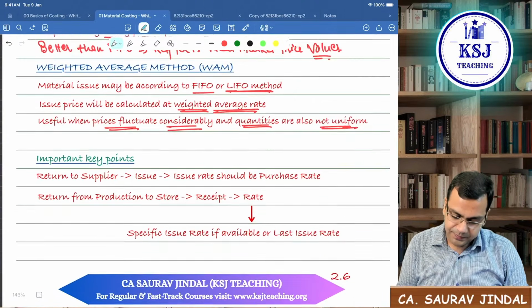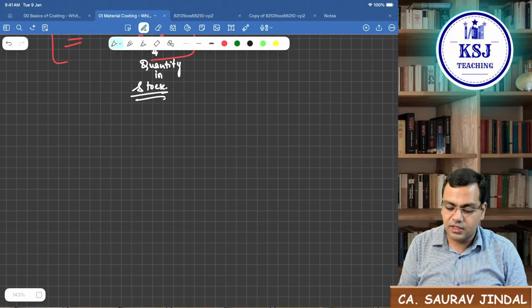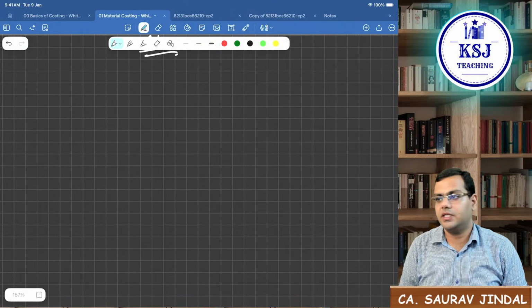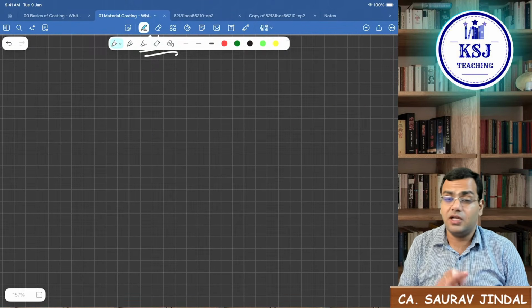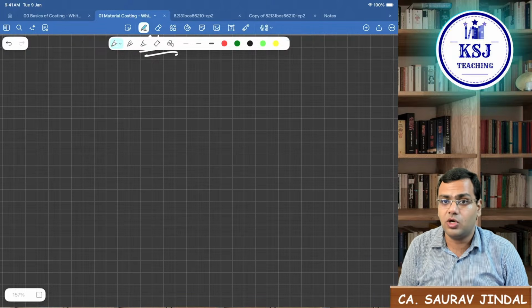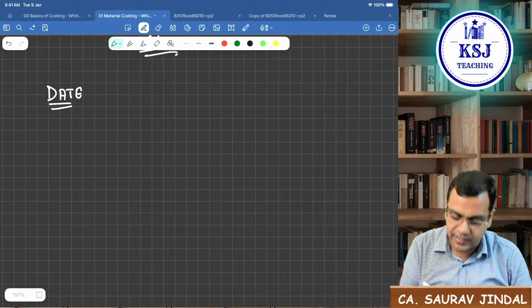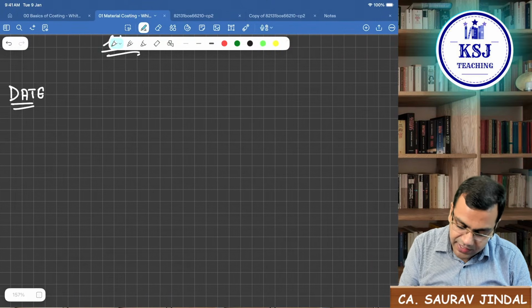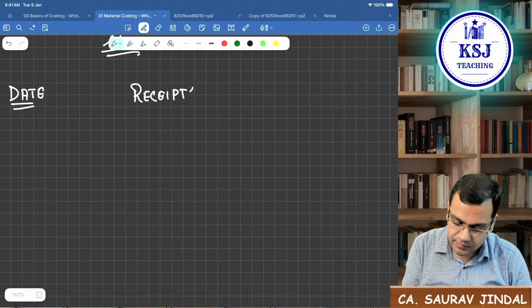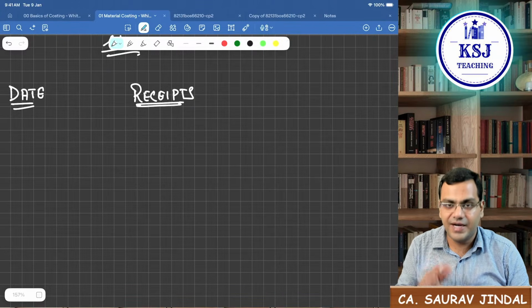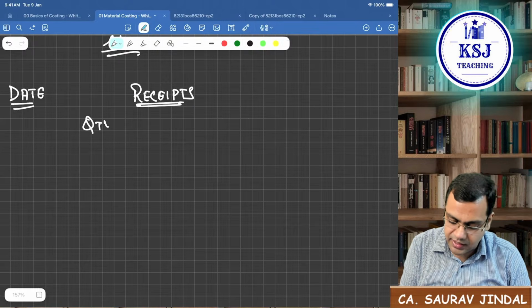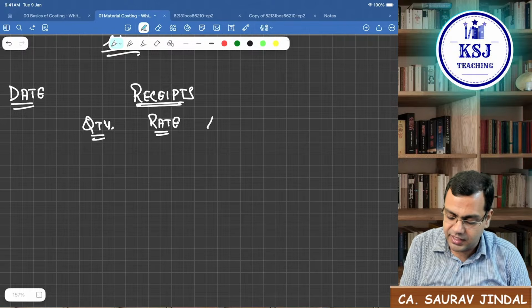Now, what is the journal format for the stock ledger? There is no hard and fast rule, but normally the format followed is this. First we write down the date. Then we write down all the receipts. In the receipts column, we take three things: quantity, the rate at which it is received, and amount.